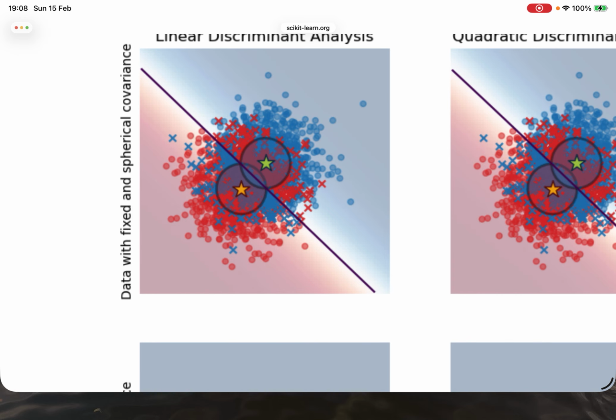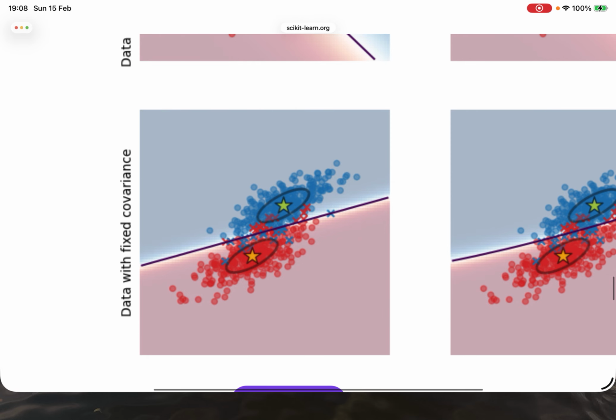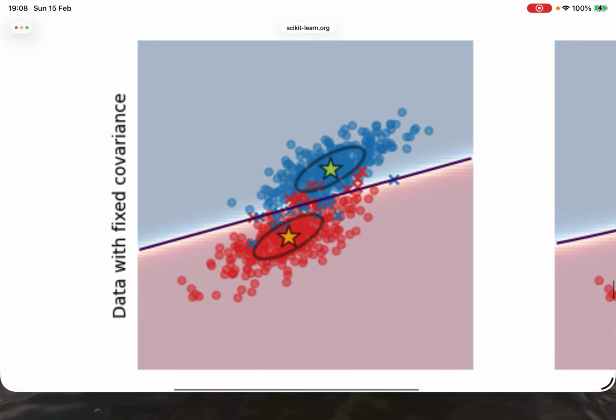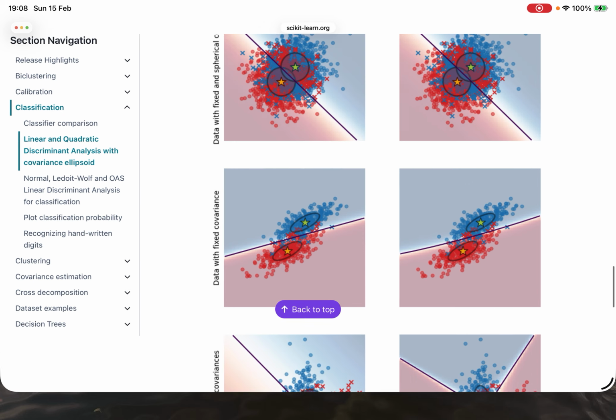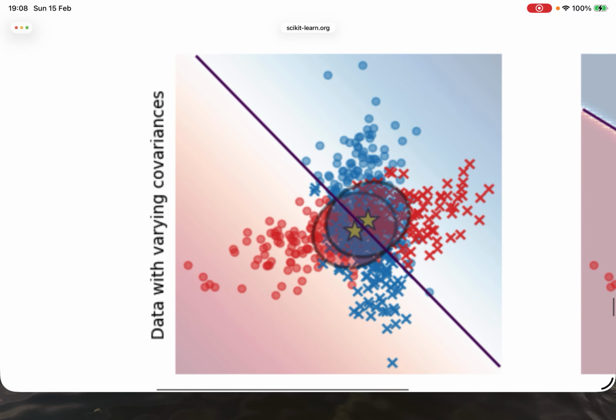The line that is drawn diagonally is the decision boundary for LDA. And as you can see, it's actually the line dividing between the two center points of the input features of the two classes. And this is the same, still trying to divide between the two.